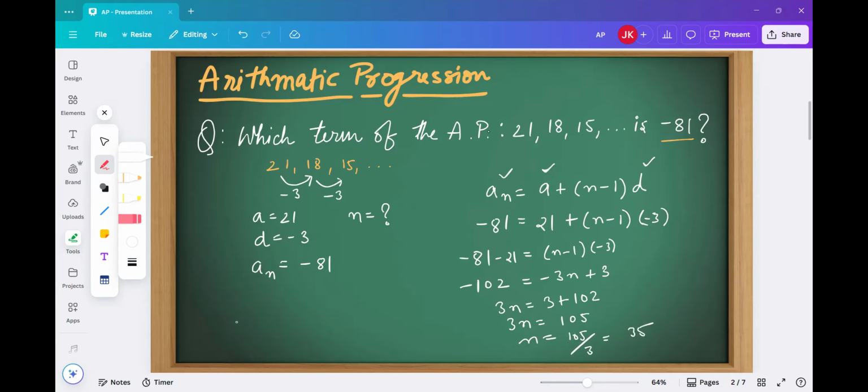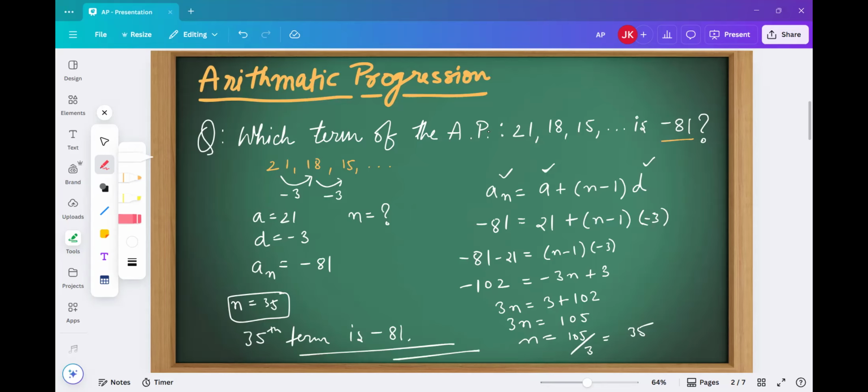So now, what does this show? This shows that at N equals 35, that means the 35th term of this sequence is minus 81, hence solved, right?